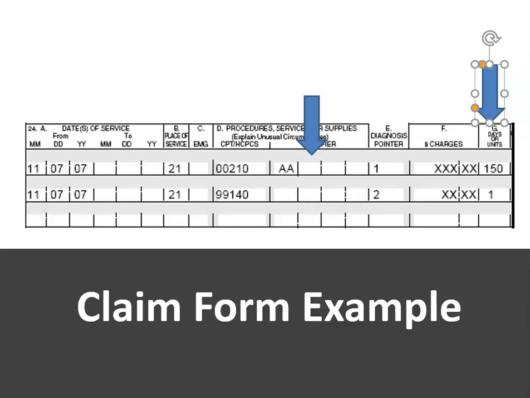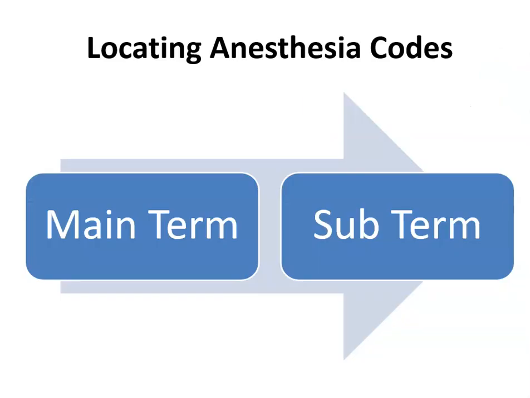All right, so the last thing that we need to cover is how you actually locate anesthesia codes. And you locate anesthesia codes by going to the main term of anesthesia. And this is very, very important. So anesthesia begins on page 904 in the CPT manual.